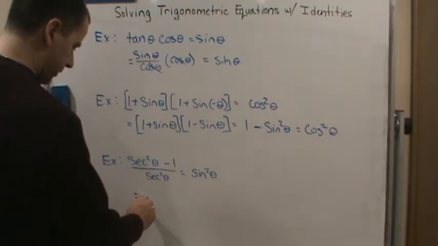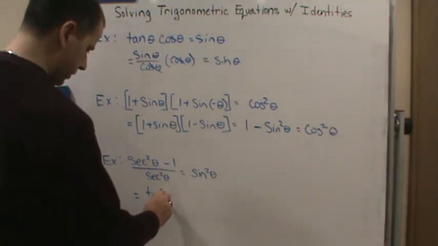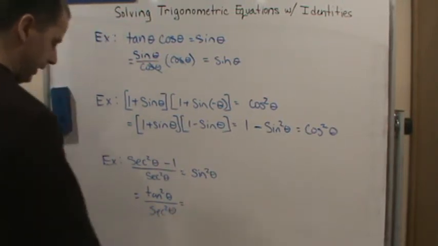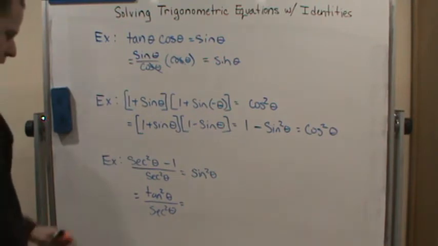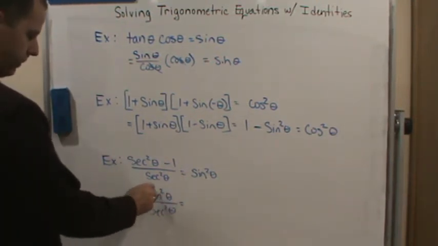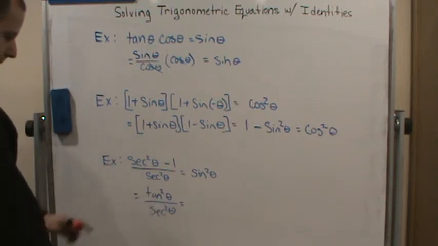So we start with that and we say tangent squared theta over secant squared theta. And then of course we could use the quotient identity here.